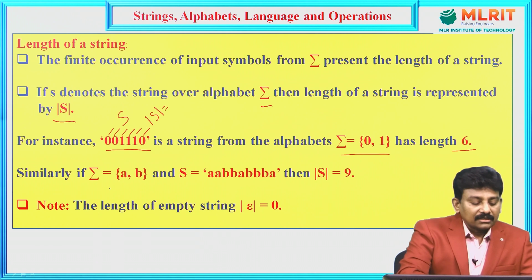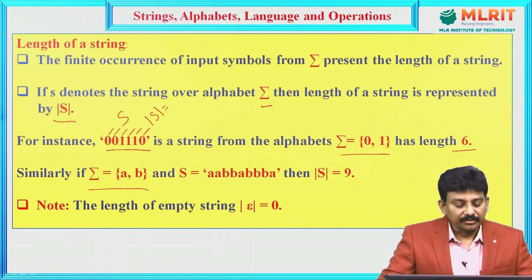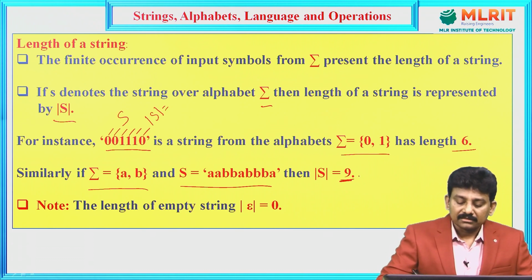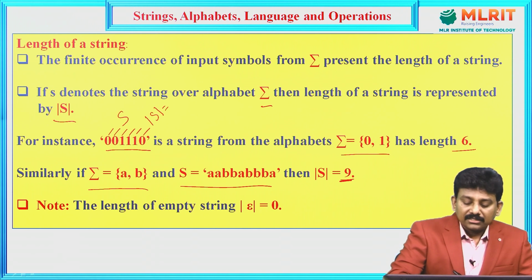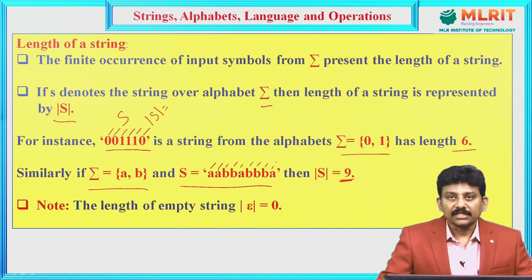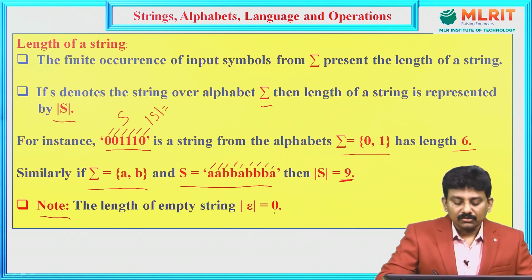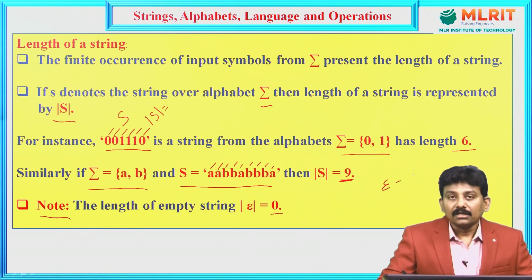Similarly, if the given alphabet is sigma is equal to A, B, and S is A, A, B, B, A, B, B, B, A, then mod S is 9. So, there are 9 symbols in the sequence, that is 1, 2, 3, 4, 5, 6, 7, 8, 9, 9 occurrences of symbols. Note, the length of the empty string is 0, that is epsilon is the empty string.